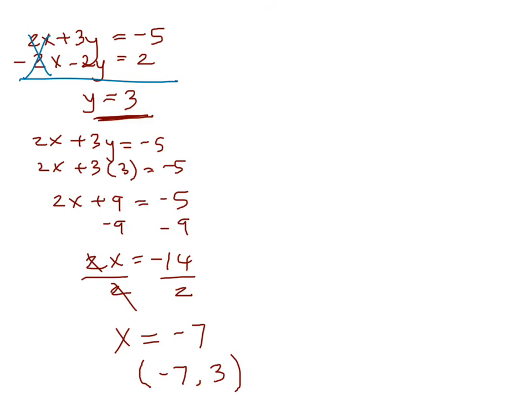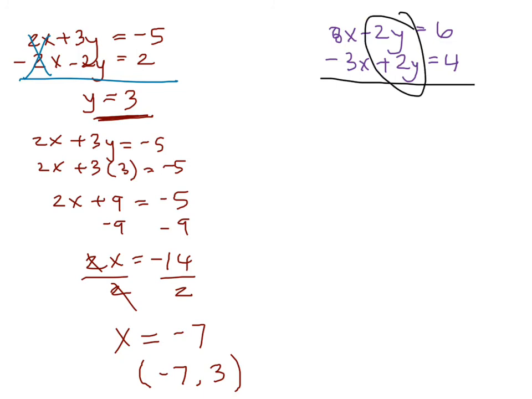Now we're going to do one final example. 8x minus 2y equals 6. Negative 3x plus 2y equals 4. My x terms are lined up, y terms are lined up, equal signs lined up, and constants are lined up. Let's cross out the opposite terms.